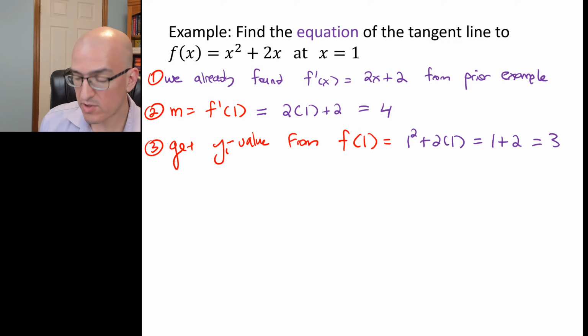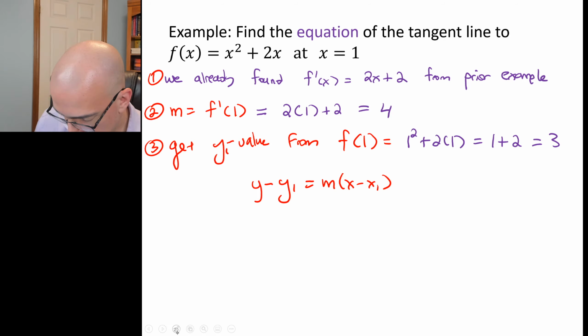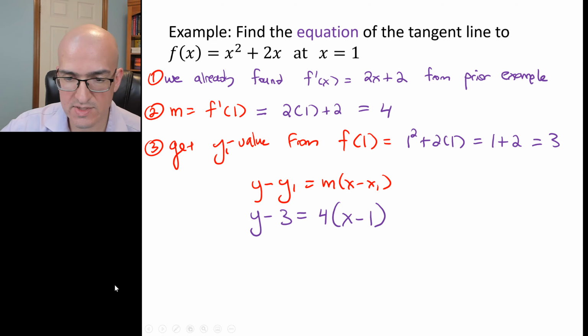And now we can finally put everything together. y minus y1 is equal to m times x minus x1. So y minus 3 is equal to m, which is 4, times x minus 1. Let's see what the graph looks like and make sure that this is accurate at this point.